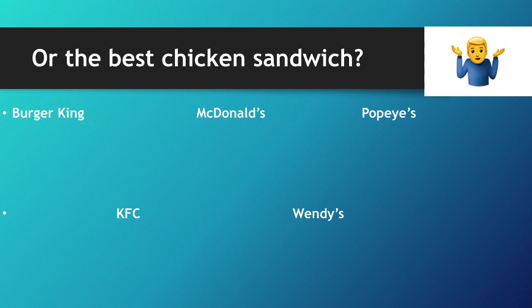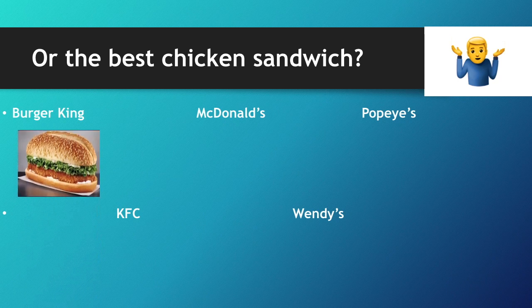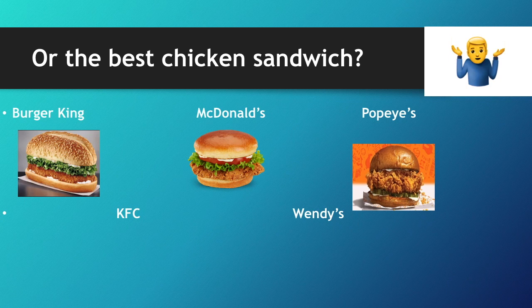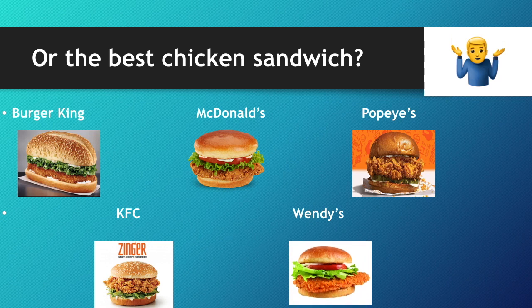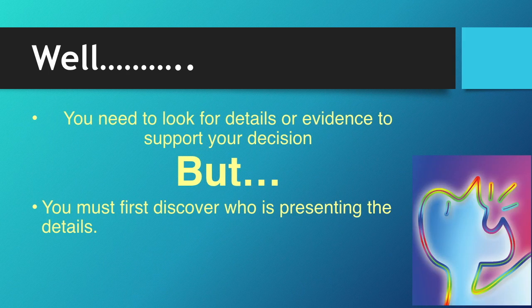Or the best chicken sandwich? Is it Burger King, McDonald's, Popeyes, Kentucky Fried Chicken, or Wendy's? Well, in order to select the best choice, you need to look for details or evidence to support your decision.